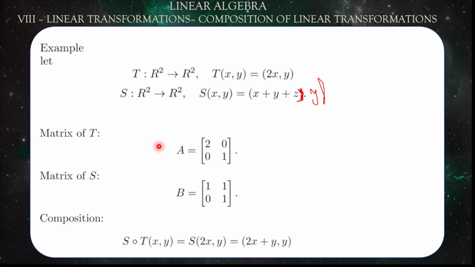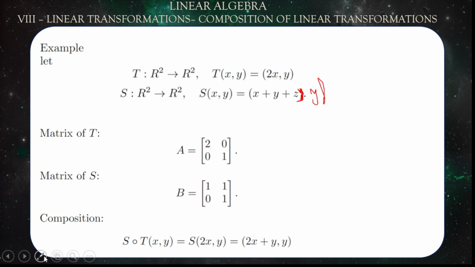So the matrix of T is given by, okay, you have T(x, y) is equal to x and y is 0 in the first row or the first element. Then next to it is y without x, so x is 0 in the second element.